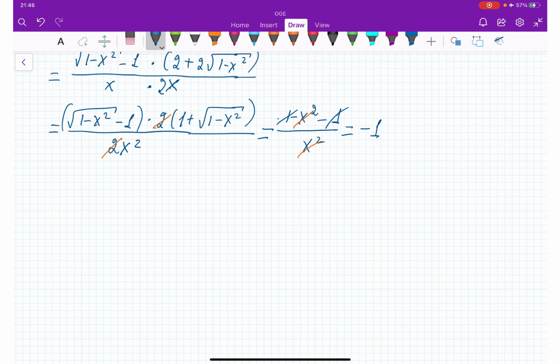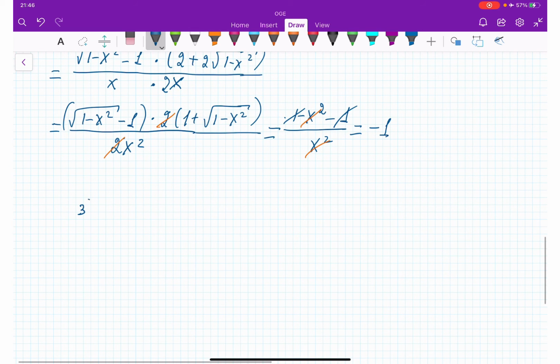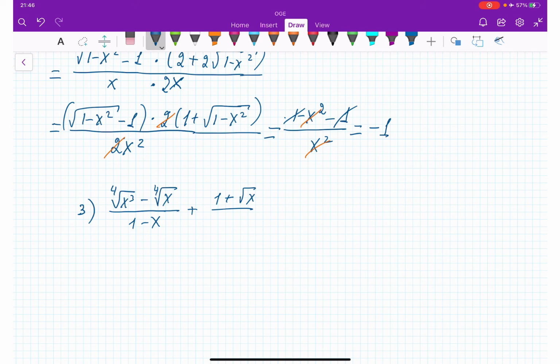And let's do the third one. What do we have here? We have radical degree 4 of x cubed minus radical degree 4 of x, divided by 1 minus x, plus 1 plus square root of x and radical degree 4 of x.